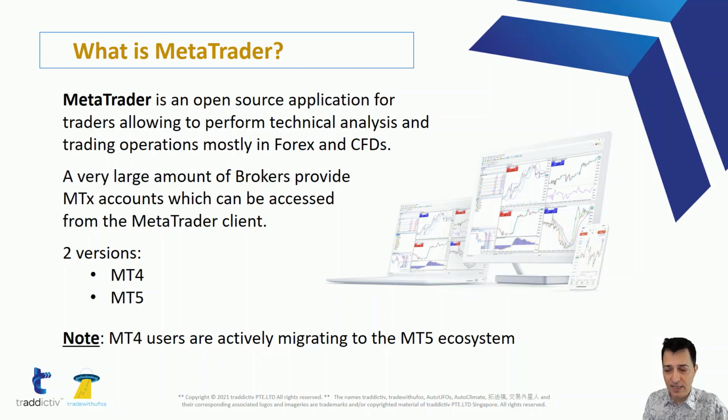And therefore, there is a massive push from MetaQuotes to migrate everybody to MT5. Some brokers are doing it quicker than others, but in the end, there will be a moment in time where MT4 is discontinued, which is the main intention of MetaQuotes that was set, let's call it 2 years ago or something like that. And they are in that migration process at this moment as we speak.